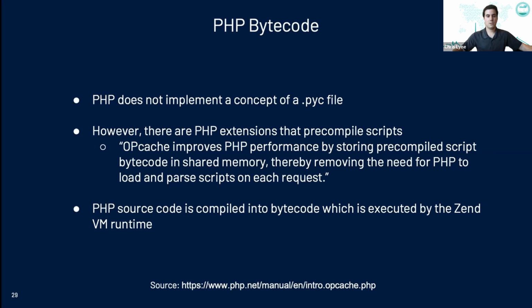And here's a quote: the opcache extension improves PHP performance by storing precompiled script bytecode in shared memory, thereby removing the need for PHP to load and parse scripts on each request. So same idea, scripts are precompiled into bytecode for speed purposes, right?